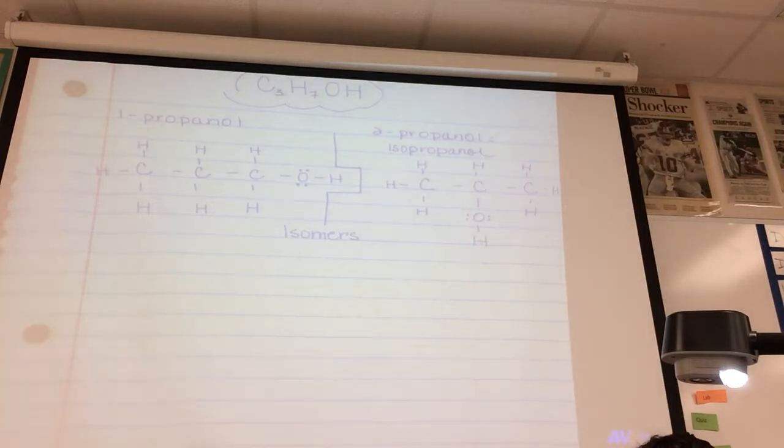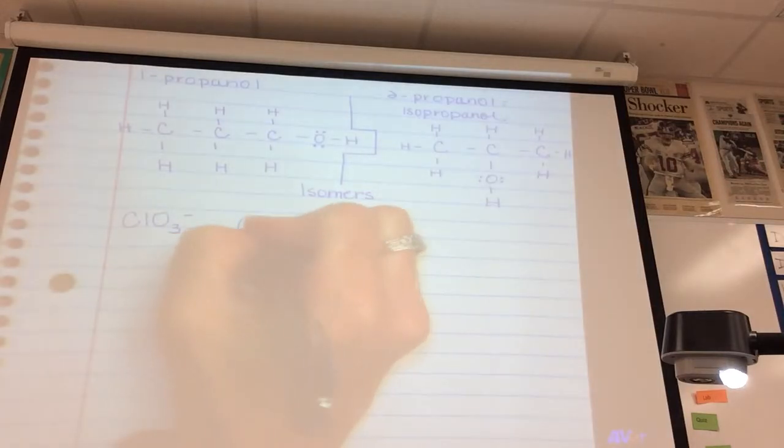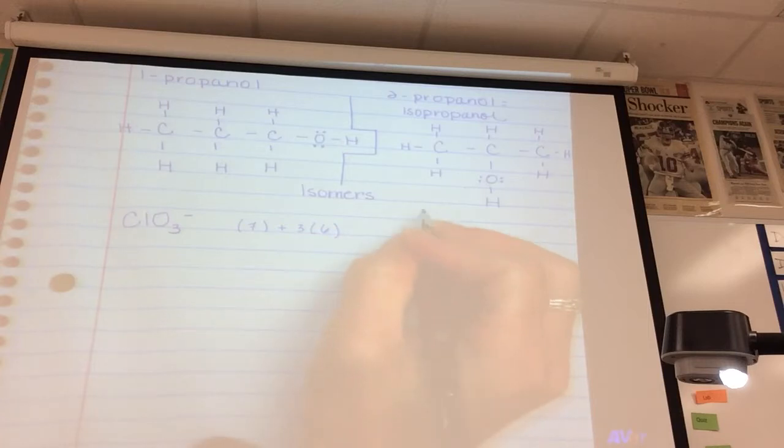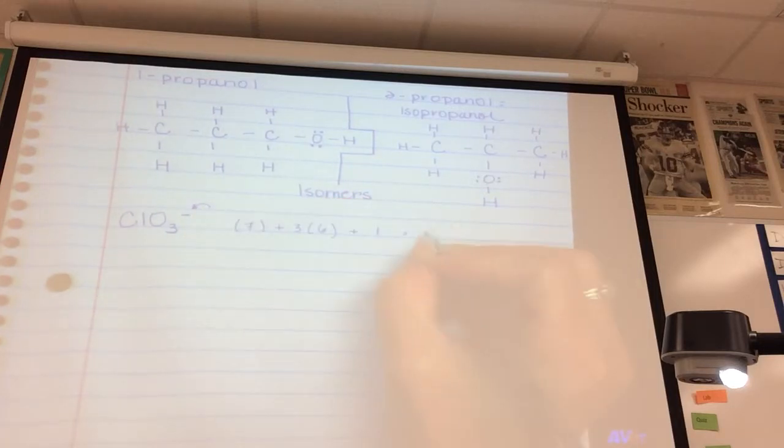All right, here's a new piece, and this is going to be the chlorate ion, new at multiple levels here. Again, get your electron count, 7 valence electrons for the halogen, 6 for the 3 O's, and you're going to add how many? 1, because of the 1 minus charge. 18 and 8 is 26 valence electrons.